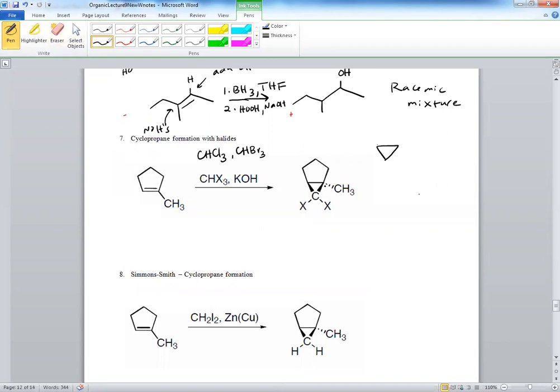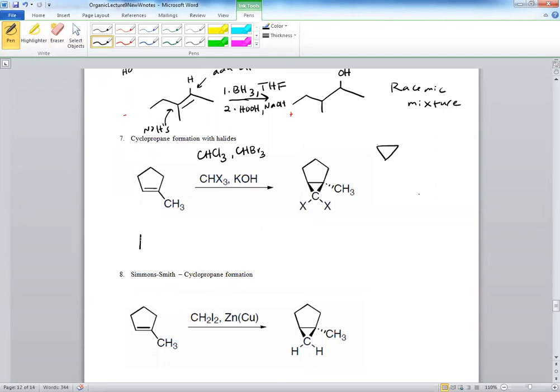Now, if you notice this cyclopropane ring with its halogens attached to it, these bonds are coming outward, toward you, or they can go in. Either or, this has to be indicated.